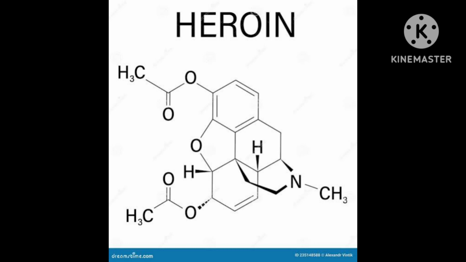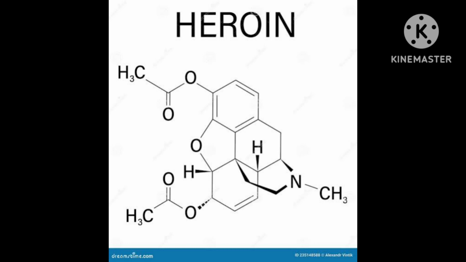And its molecular weight, the heroin molecular weight, is 369.416 grams per mole. Its molecular weight is more than morphine. The exact weight is 369.4176 grams per mole.